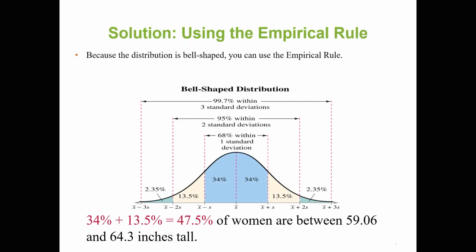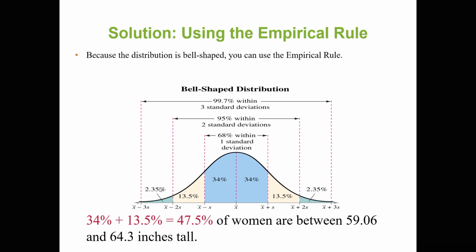If you take a look here, you will see that 64.3 minus 59 point this, you are talking of 2 standard deviations. 2 standard deviations is what percent? It's 34 and 13.5. So you are simply saying 47.5% of women are between 59.06 and 64.3.